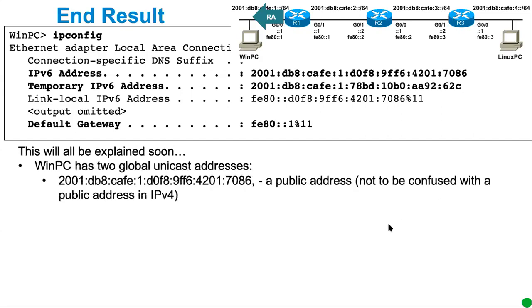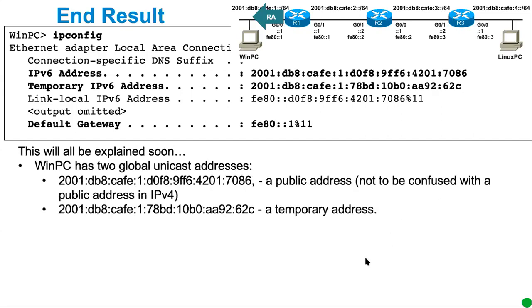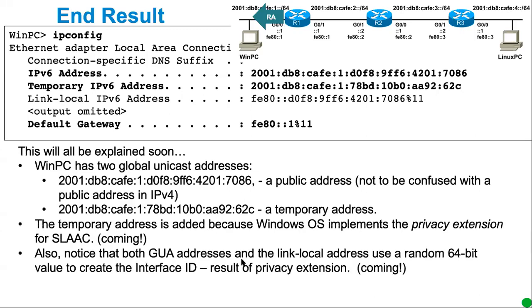So two global unicast addresses. There are no private addresses, so don't get that confused here. They're both public addresses. The first one we call a public address, but the other one is a temporary address, but they're both globally routable. We'll talk more about why there's a temporary IPv6 address, in this series of videos in this chapter.